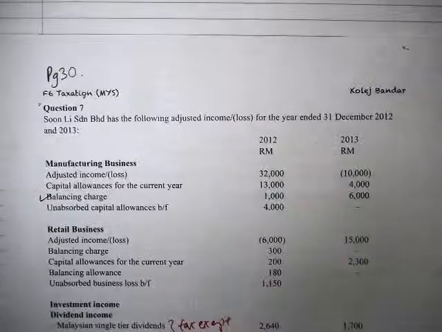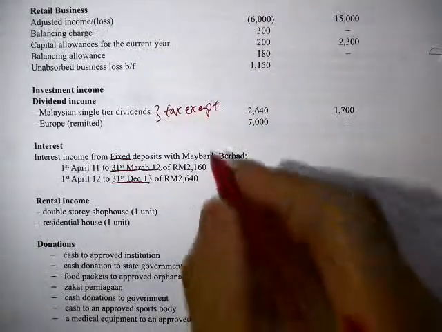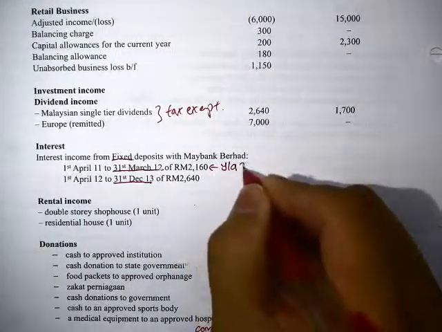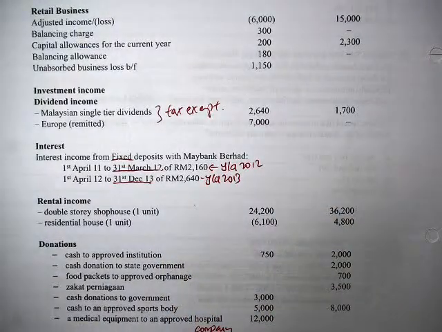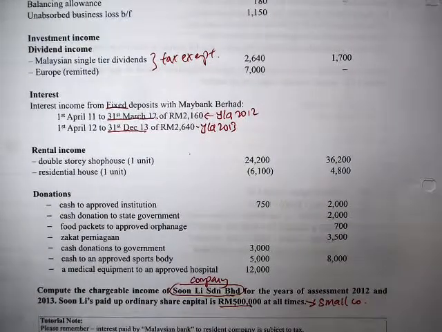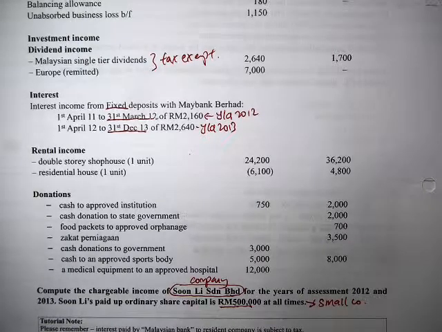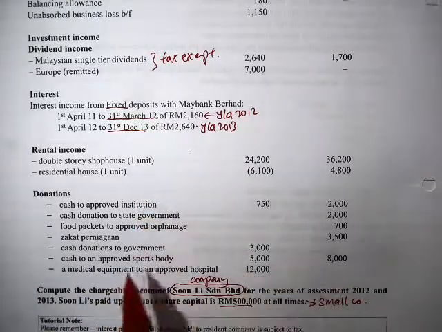So if you look at the year-end December, that means this is interest for YA 2012 and interest for YA 2013. Now they have rental. So you know that rental, all properties are taken as one single source. So it doesn't matter whether it's a shop house or residential house, you just combine them, okay?